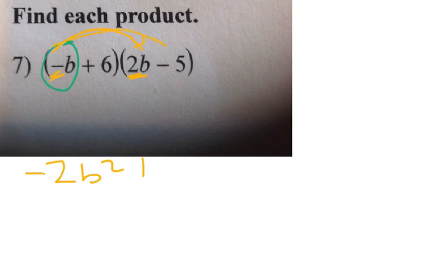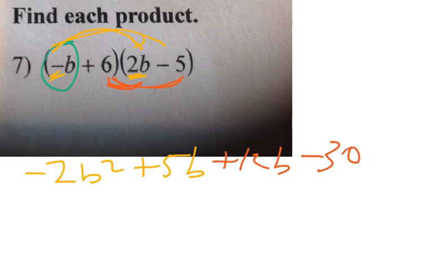I also have a positive 5b because negative b times that -5 is going to be a positive 5b. Now let's do the inner loop right here. 6 times 2b is 12b. And finally 6 times -5 is -30.